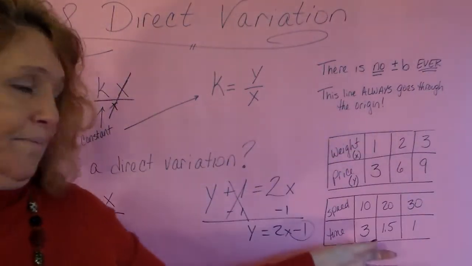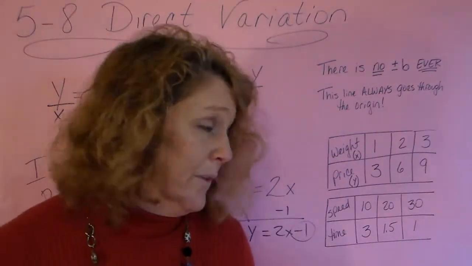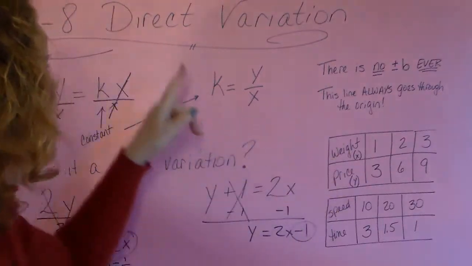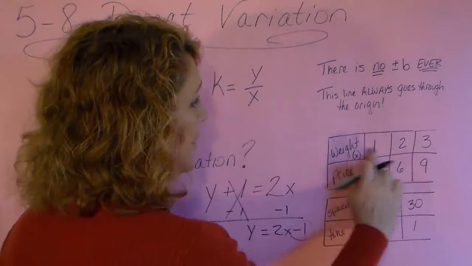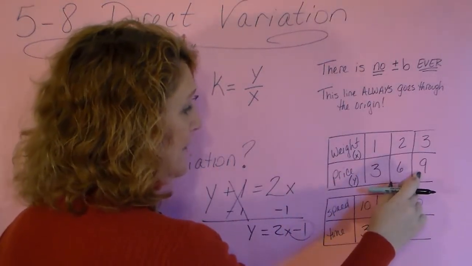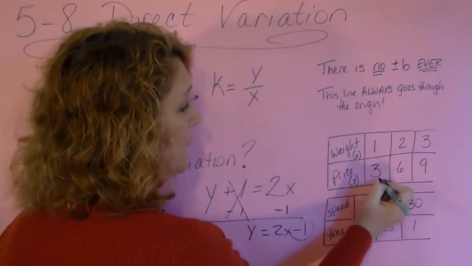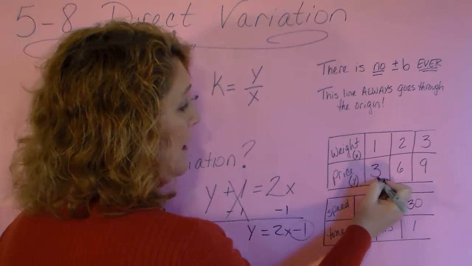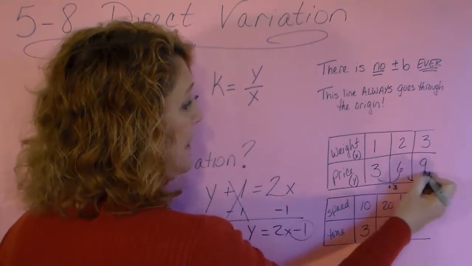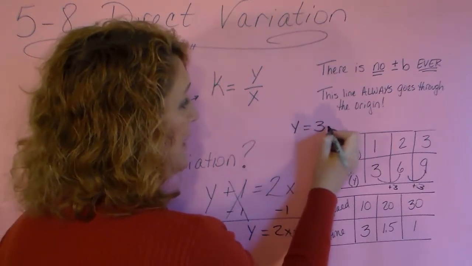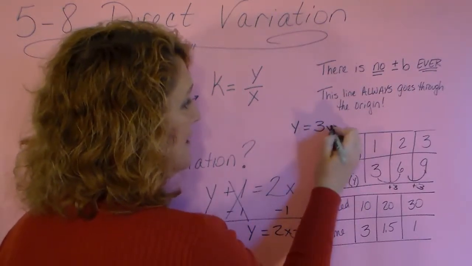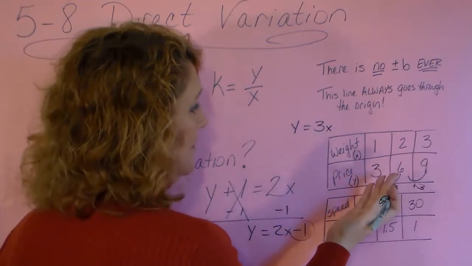What about these? Here I've got some tables. Do these vary directly? So here's my x's and here are my y's. So what am I doing here? Y is going plus 3, so I've got y equals 3 times x, n doesn't matter.